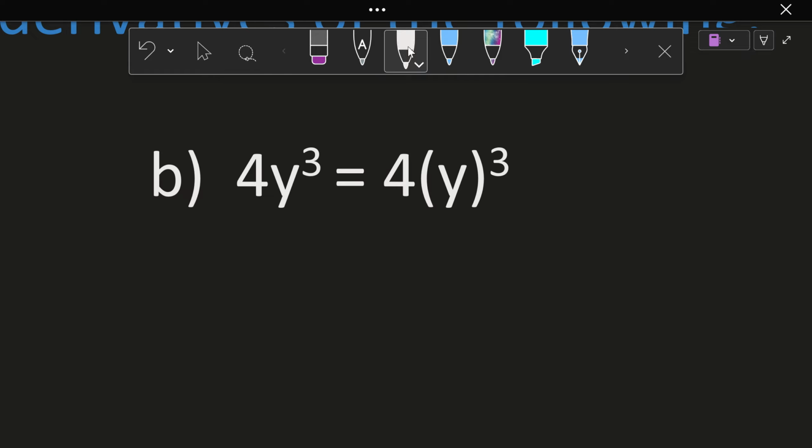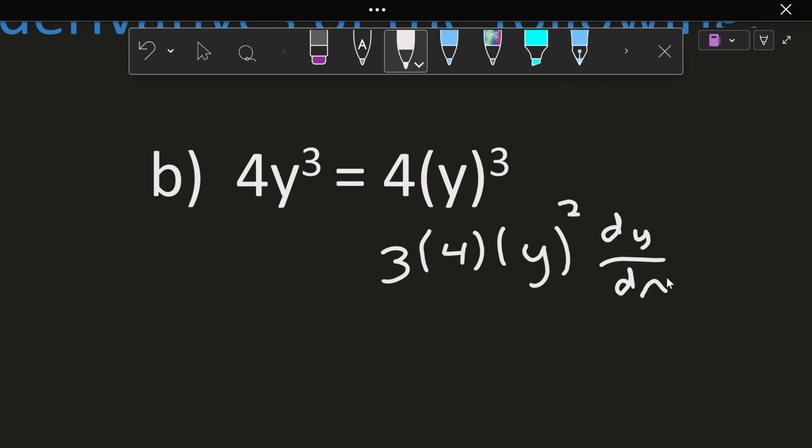I'm just going to bring that 3 down, timesing it by the 4, leaving the y as is, subtracting 1 from the exponent, and then I'm taking the derivative of y. Well, we haven't used this notation too much, and I could put a y prime there, but the more common notation is dy by dx.